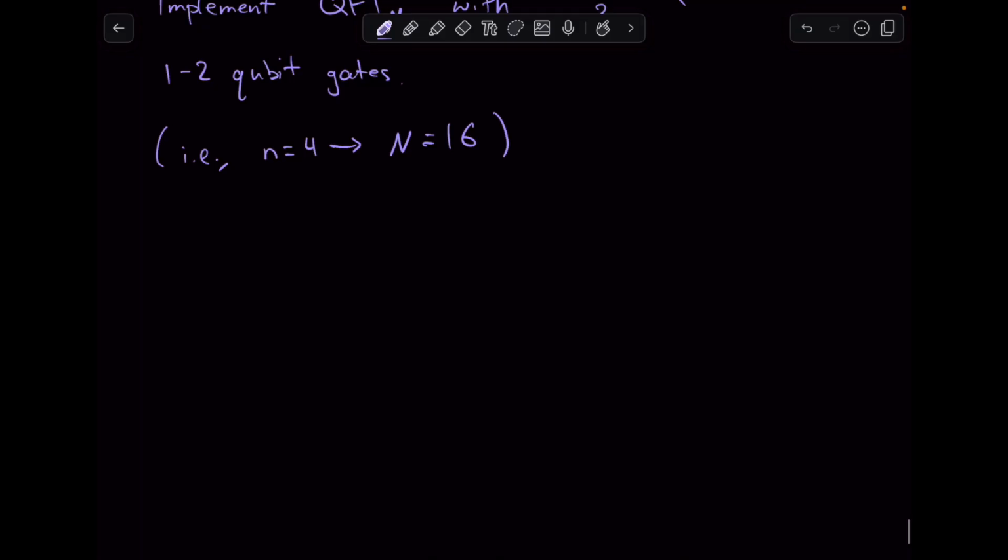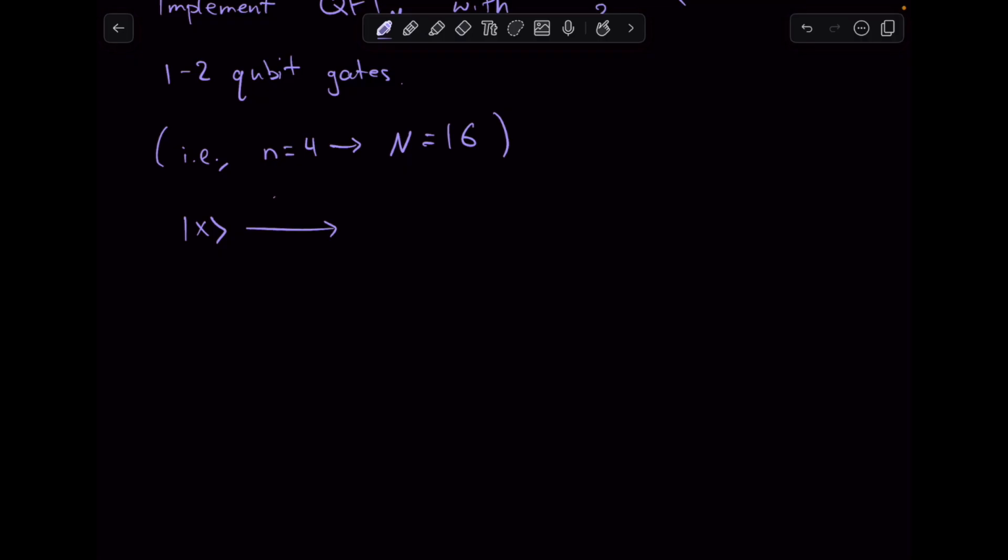And just to remind ourselves, what is it we really want to do? We want to take, for example, it's enough to define this action on a basis. So we'll choose the computational basis. We want to take some integer value, some computational basis number x.